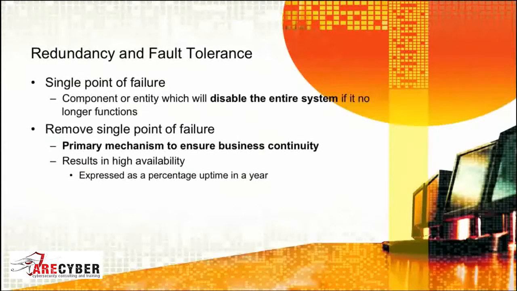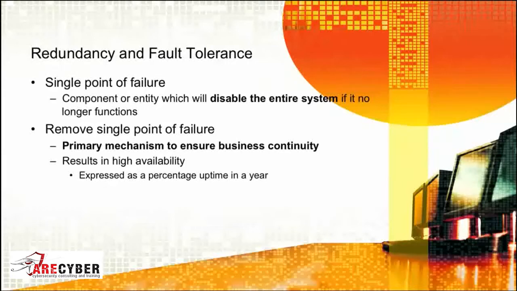Next, let's talk about redundancy and fault tolerance. When we are looking for how to achieve fault tolerance or achieve a level of redundancy, what we're looking for are single points of failure, any single component or entity that will disable an entire system if it no longer functions. You want to remove any identified single point of failure.